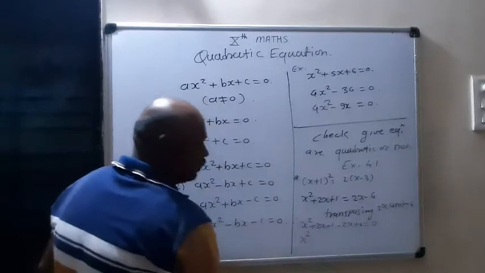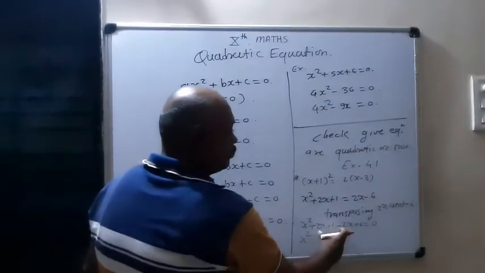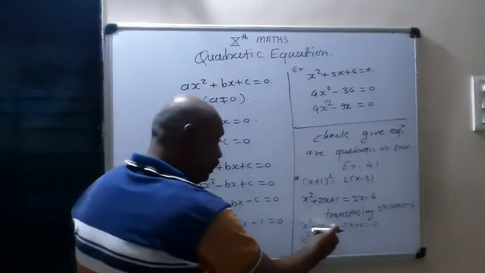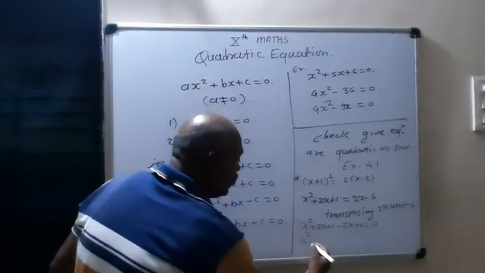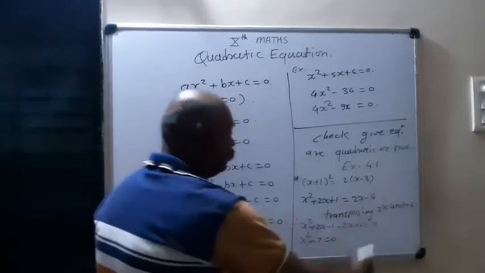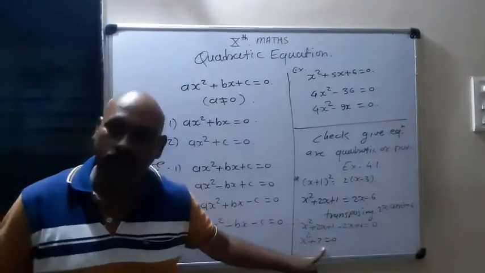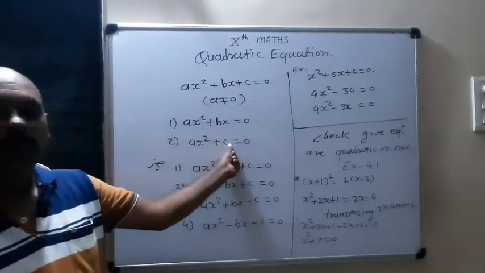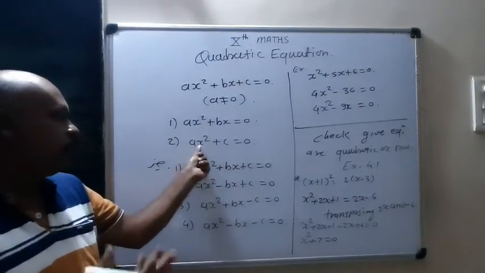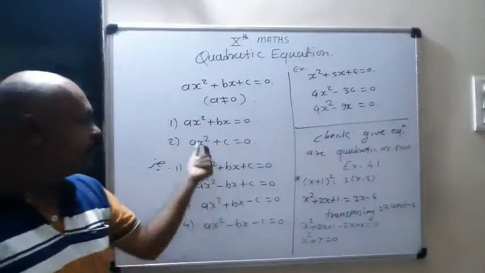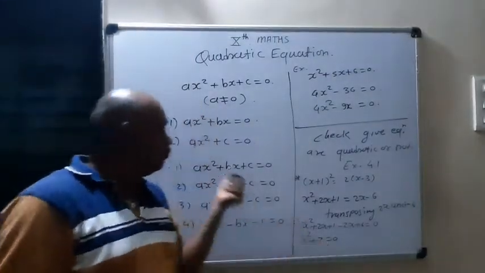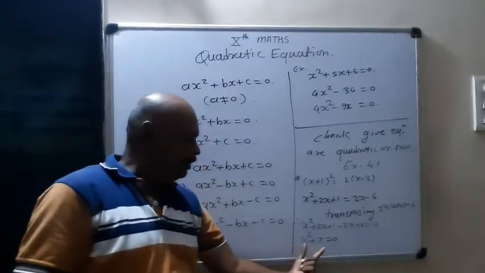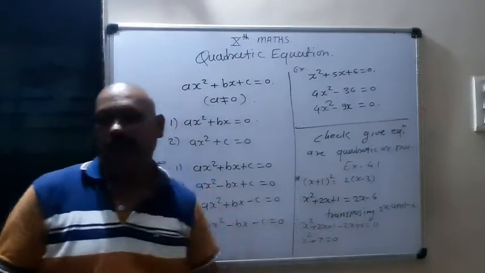Here the 2x and minus 2x get cancelled, remaining x square plus 1 plus 6, that is x square plus 7 is equal to 0. It is also a quadratic equation because here, see, ax square plus c, c is a constant term and a is the coefficient of the square term. That means we compare it with the standard form. These are also in standard form, and then we say it is a quadratic equation.